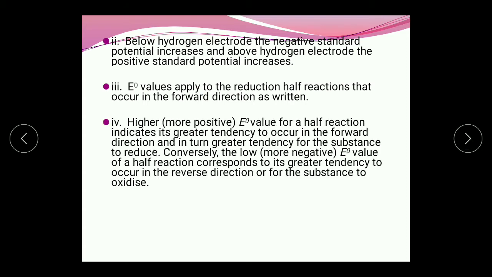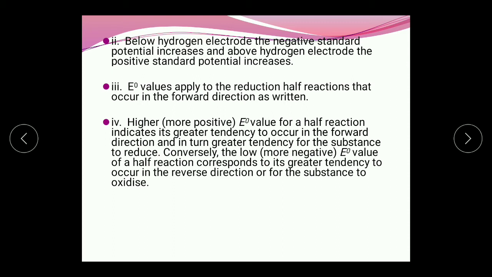One more point is that a higher E0 value for a half reaction indicates it has a greater tendency to occur in the forward direction. That means it has a tendency to reduce. Exactly opposite to that, the more negative the value, the lower the E0 value of a half reaction. That means those have a greater tendency to occur in the reverse direction, or a greater tendency to oxidize rather than reduce.